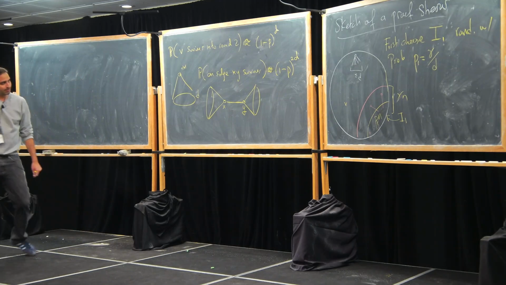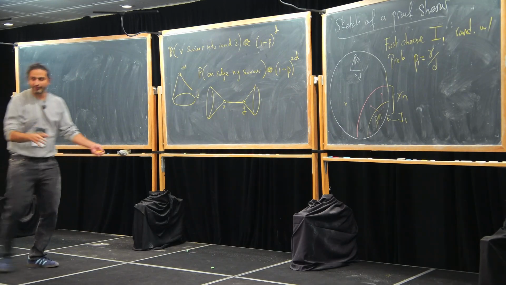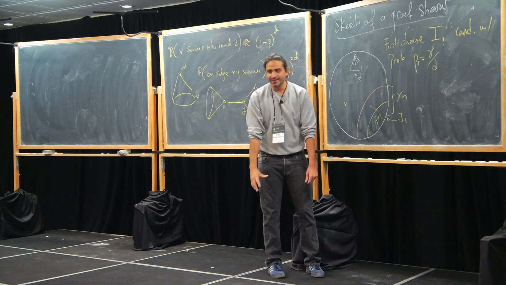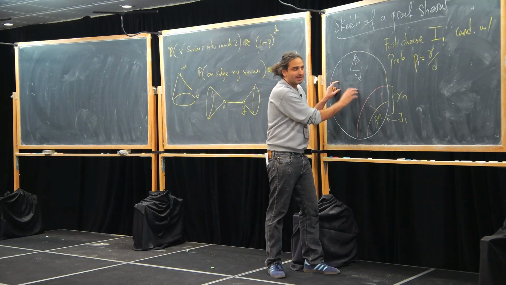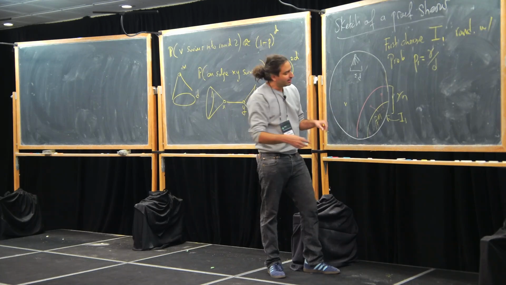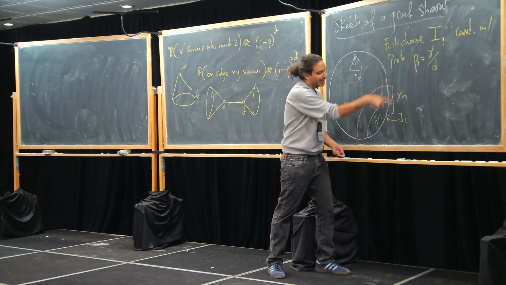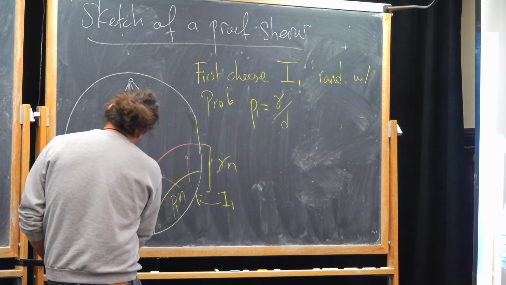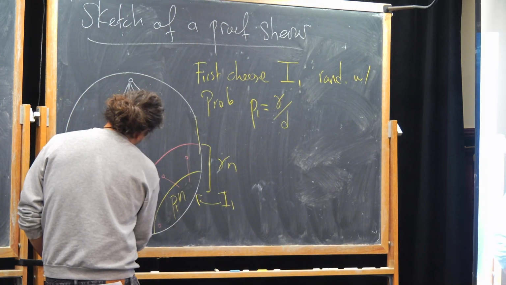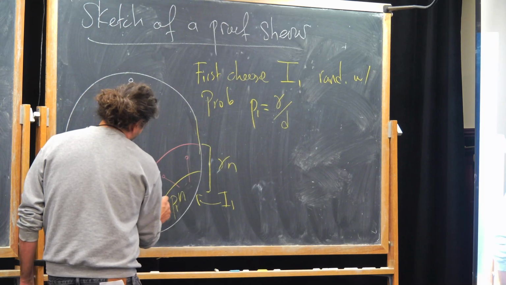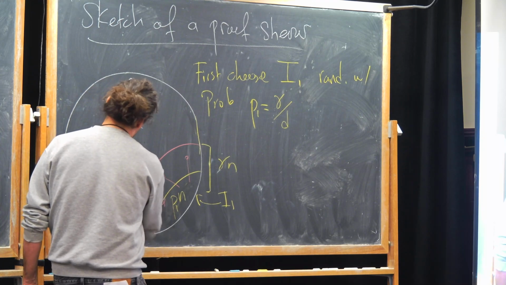Now what I'd like to do is ask, OK, so I ripped out this big piece here. What I'd like to say is that this graph is much like the original graph, except the degree is smaller. In particular, I'd like to say this set kind of just looks like a random set that I ripped out, meaning that the proportion of neighbors that lie in here is going to be like gamma times d.